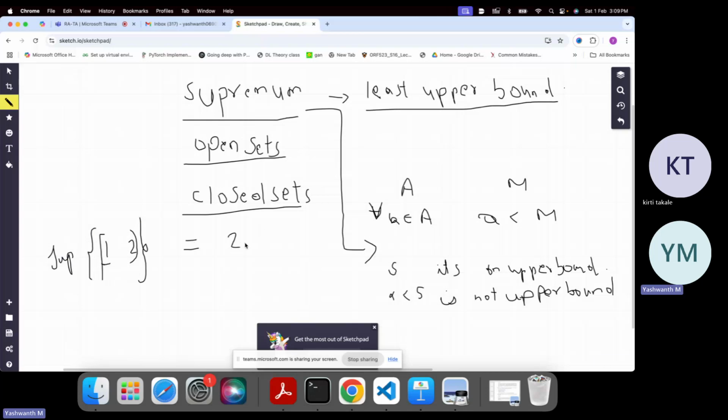Because if you pick any number, 2 minus epsilon, for very, very small epsilon, let's say 1.999, this is not an upper bound for this set because you can always find a number 1.999999 which is greater than this.